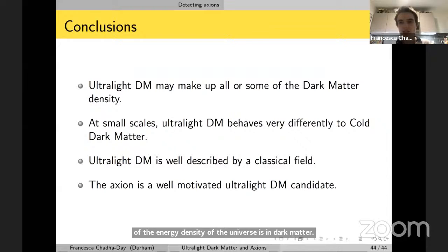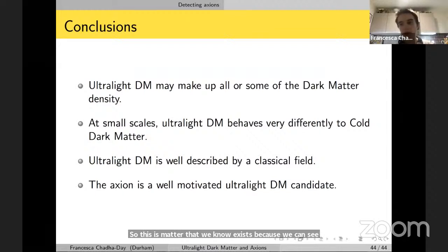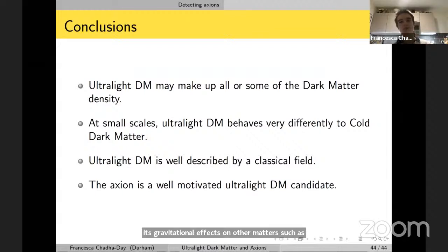So this is matter that we know exists because we can see its gravitational effects on other matter, such as stars and galaxies, but we can't detect it in any other way. So we don't know what it is. Axions are one thing it could be, but it could also be a right-handed neutrino, or it could be a supersymmetric particle, or really a whole host of possibilities.